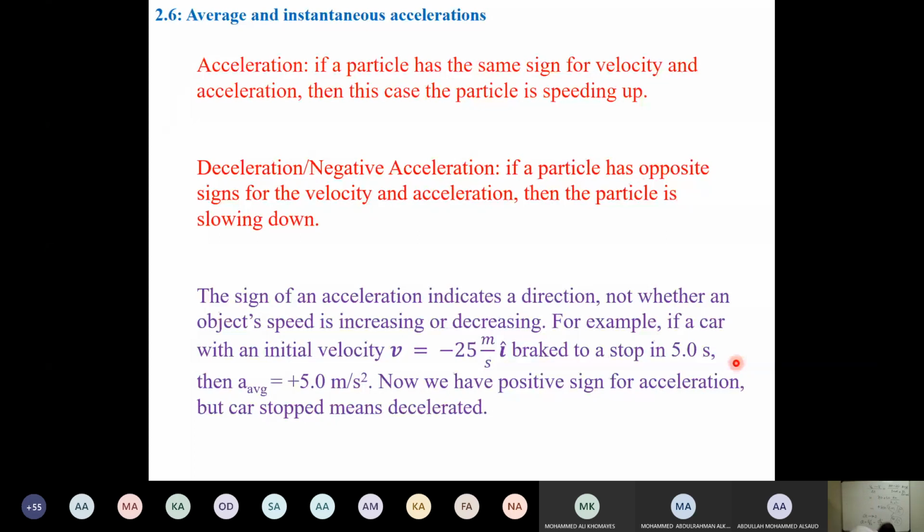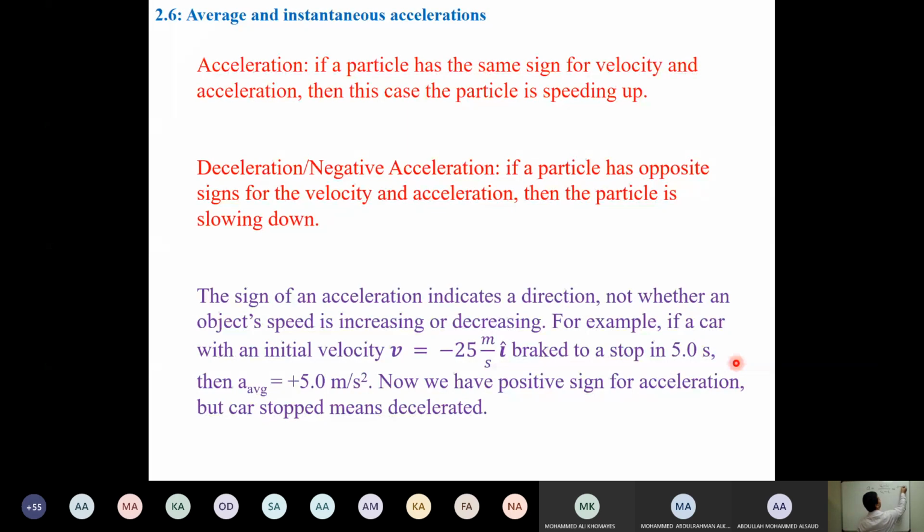So here, applying the equation which we use, we want to determine the acceleration. So the acceleration is going to be v2 minus v1 divided by t2 minus t1. So v2 is 0, because it comes to a stop.